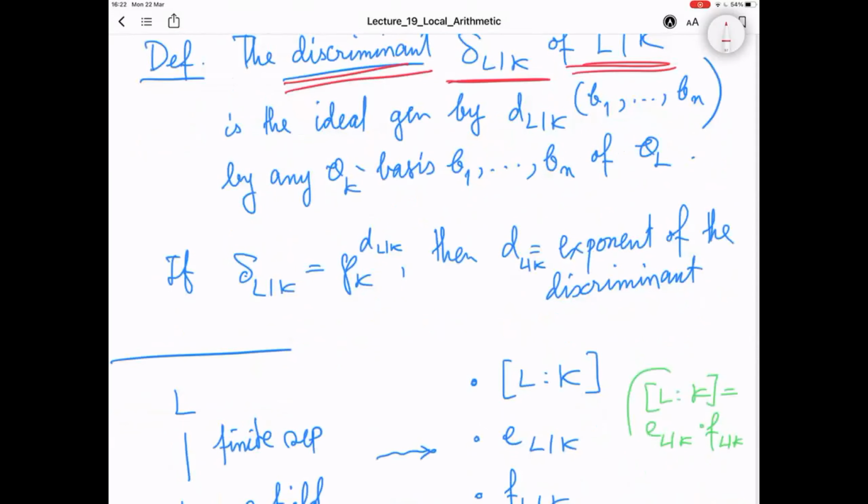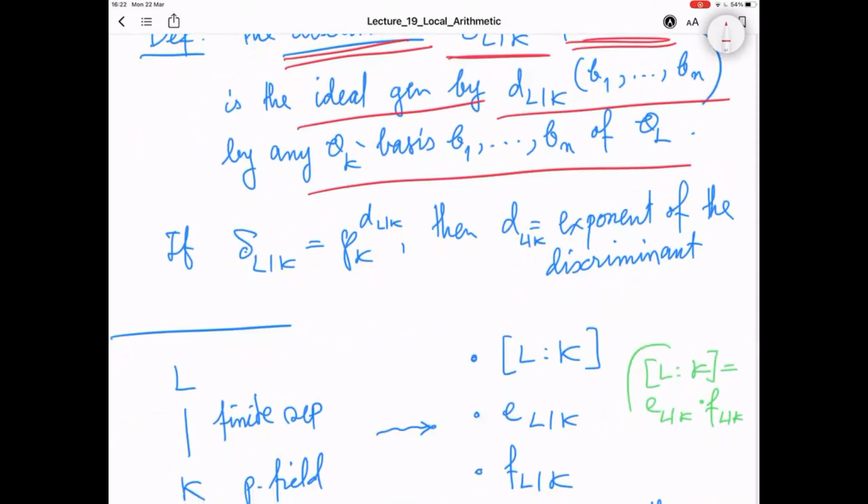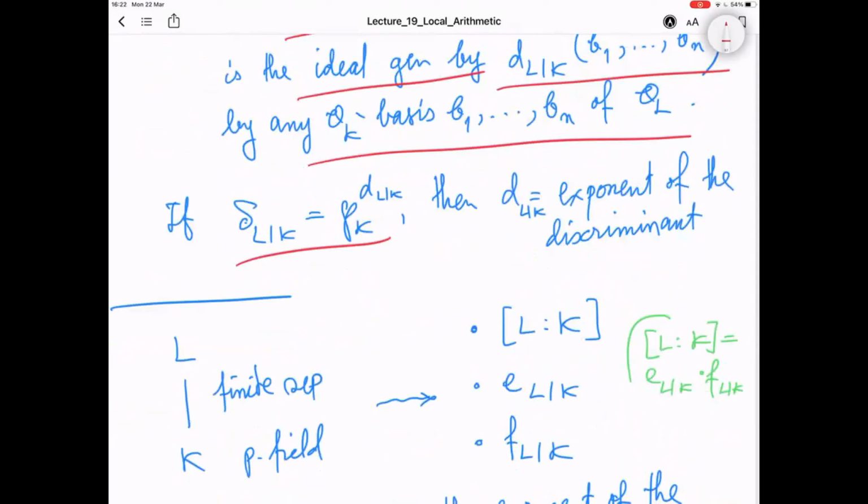The discriminant is the ideal generated by the discriminant of any basis, where I take a basis of the ring of integers OL as an OK module. So the discriminant ideal is going to be the maximal ideal to some exponent d_{L/K}, and that exponent is of course called the exponent of the discriminant of L over K.